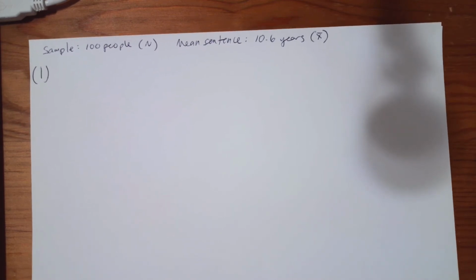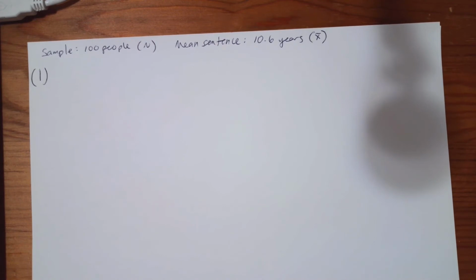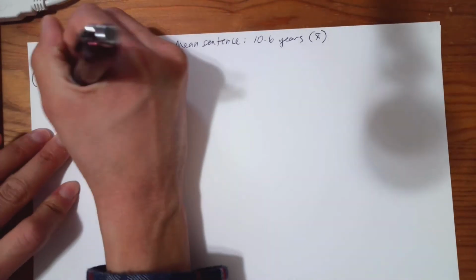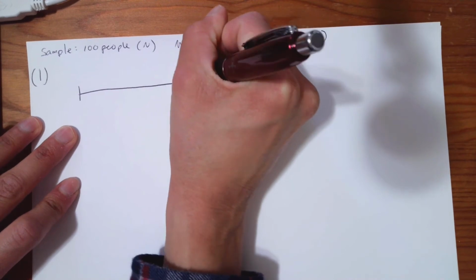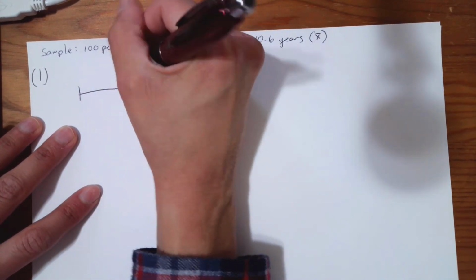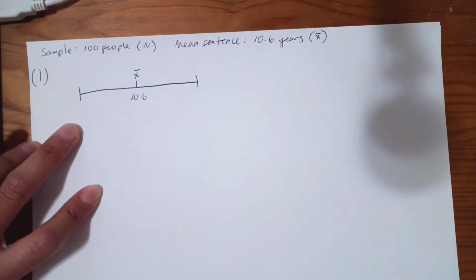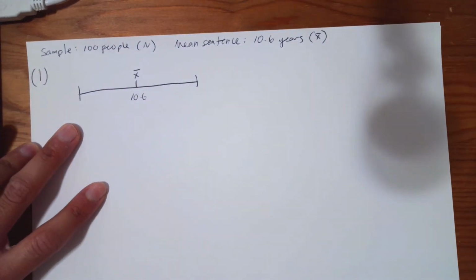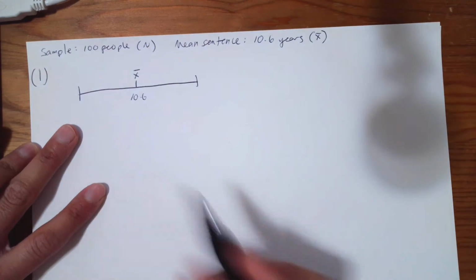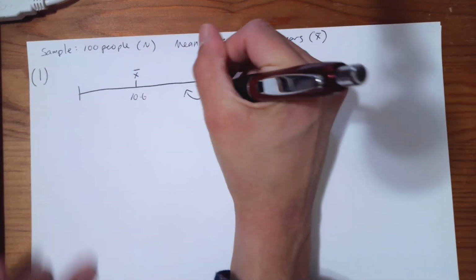And so our goal in creating a confidence interval is to create a buffer around the sample mean that is likely to include the true population mean at some level of certainty. And I like to draw it like this, just as a representation, where we have our x bar at 10.6 years, and we want to find this interval where the true population mean is somewhere in here.